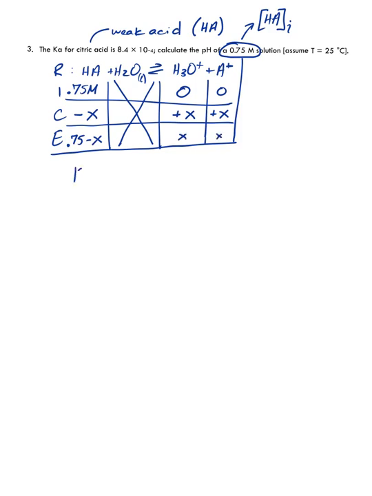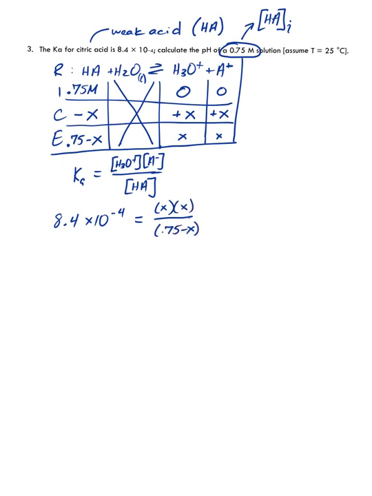Now we can pair this with the equilibrium expression, which is H3O+ times A- over HA. And plug in. So we have 8.4 times 10 to the minus 4th equals x times x over 0.75 minus x.